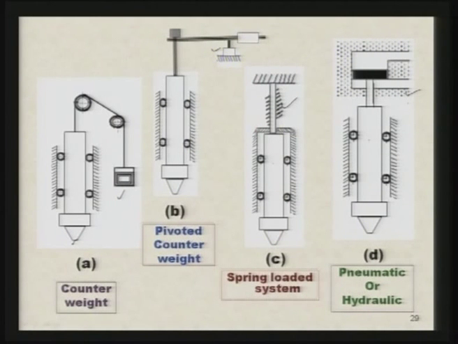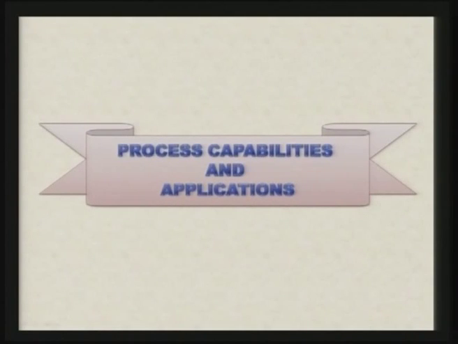And once the static load is changing, it changes the performance of the process, as we have seen in the earlier slide. Now, after studying the parametric effect of the different parameters on the performance of the process, let us see what the capabilities of this particular process are.